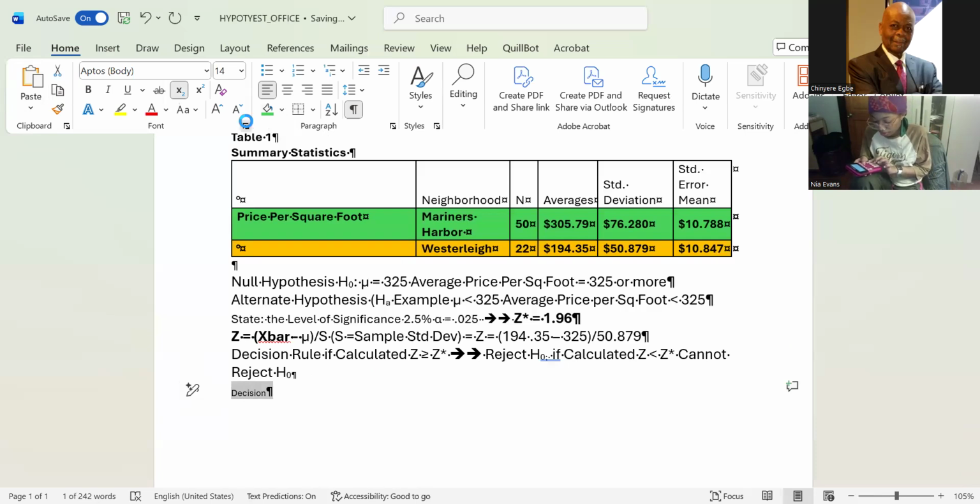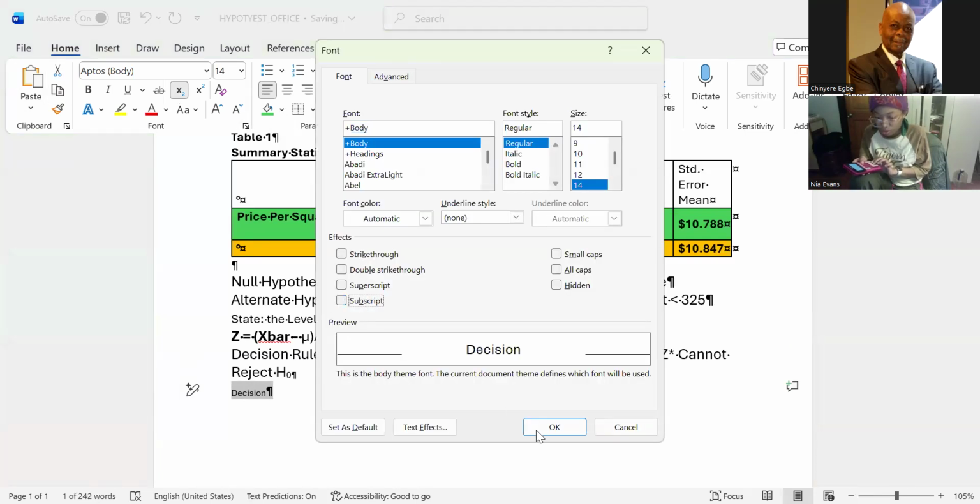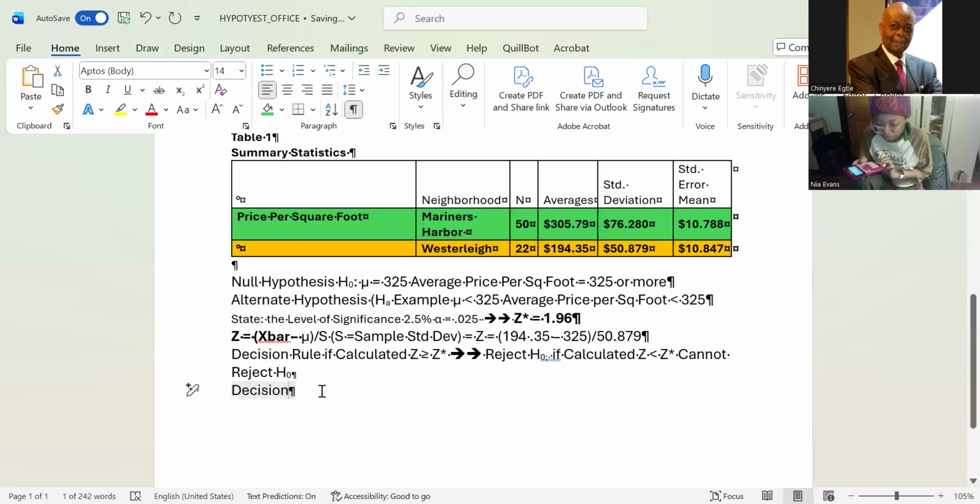Z is equal to, so let us calculate that Z. For Z, I got negative 2.5678577073, or negative 2.57.